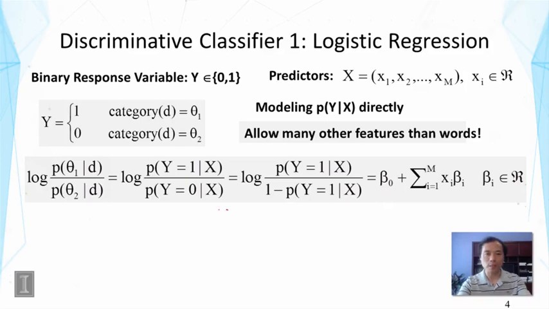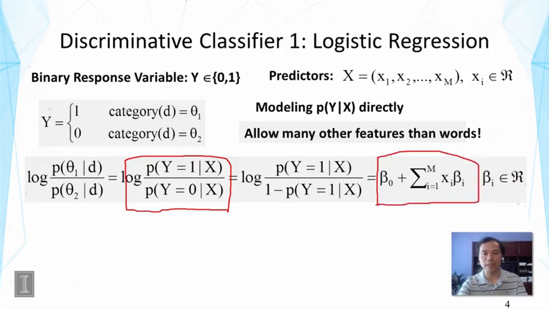So more specifically, we assume that the log of the ratio of the probability of y equals 1 and the probability of y equals 0 is a function of x. Right, so it's a function of x, and it's a linear combination of these feature values controlled by beta values. And since we know that the probability of y equals 0 is 1 minus the probability of y equals 1, this can also be written in this way, right?